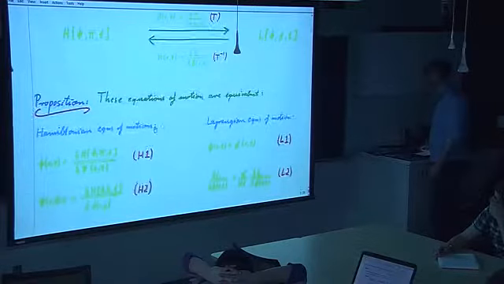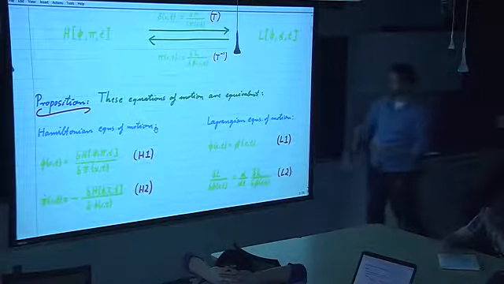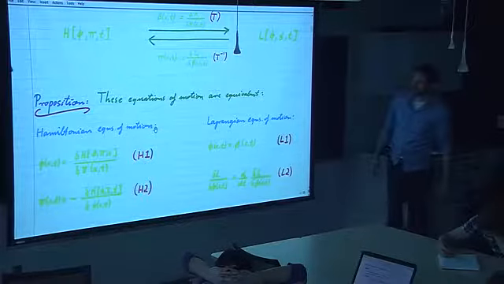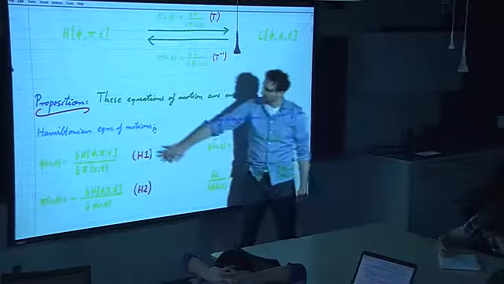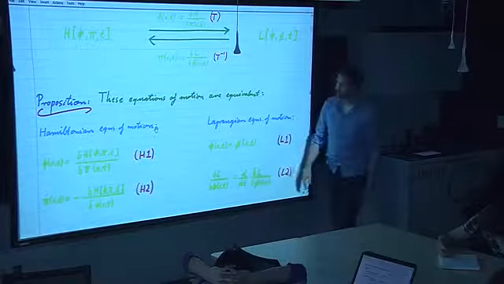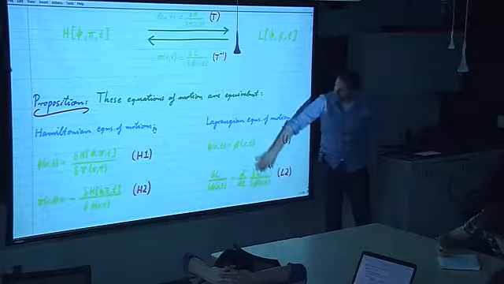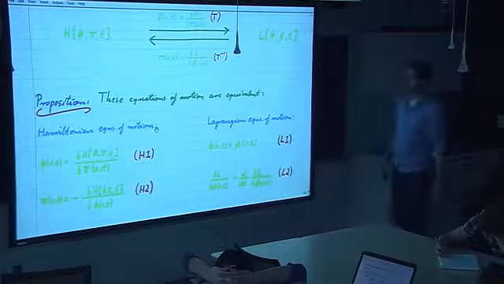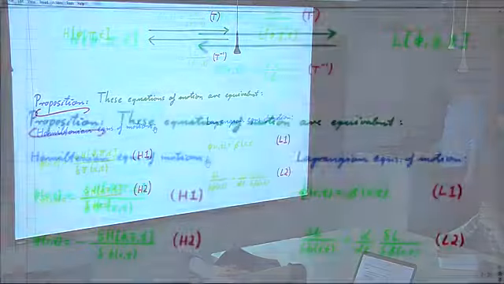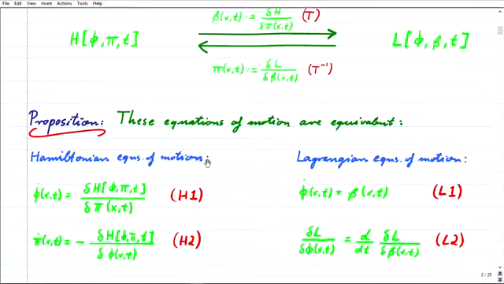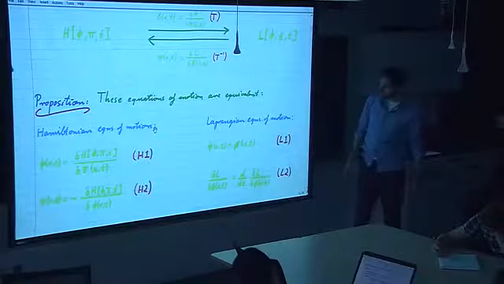So let's call them H1 and H2 on the Hamiltonian side and L1 and L2 on the Lagrangian side. So these, remember, are the Hamiltonian equations, and these are the equations for the Lagrangian, the Euler-Lagrange equations. Two equations go into two equations.